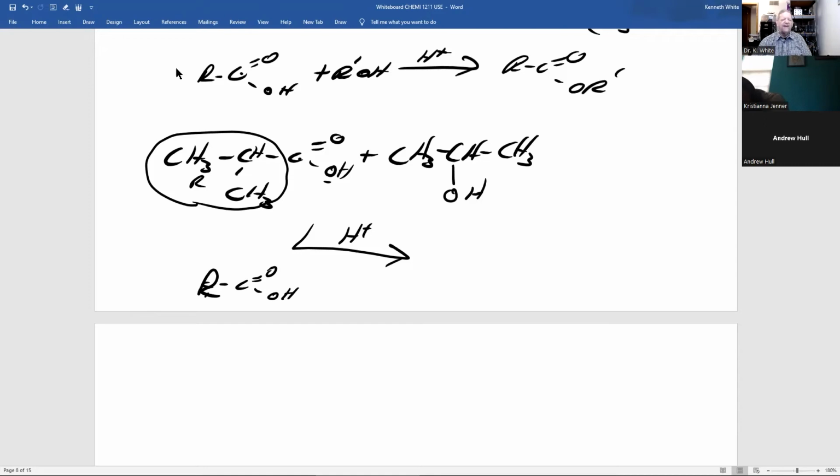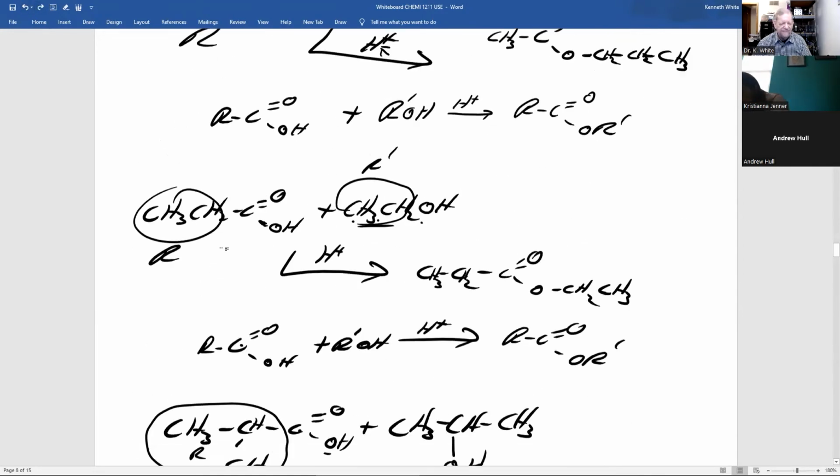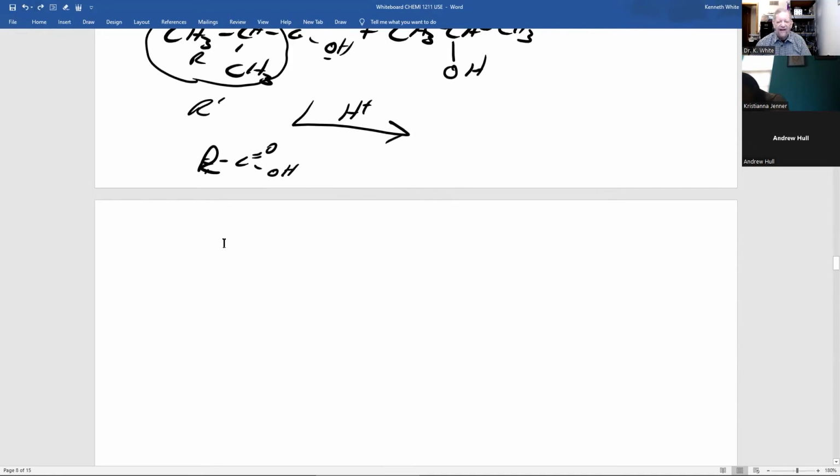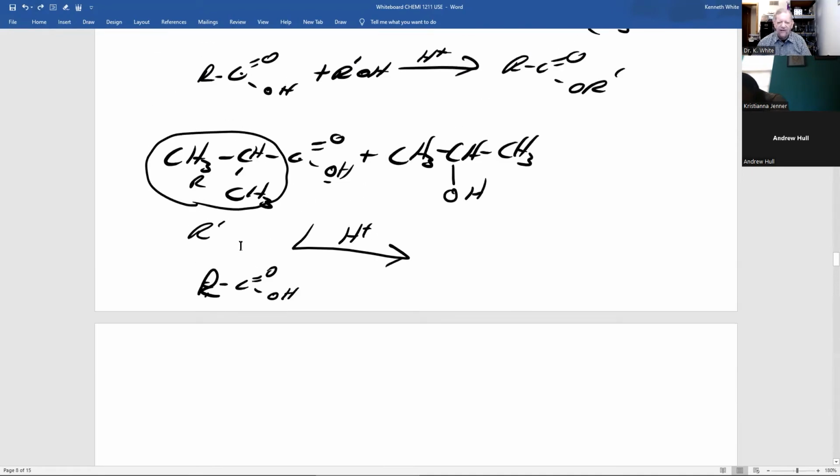I have a carboxylic acid, R. And then the second molecule, carbon, ooh, oxygen with a hydrogen, we have an alcohol. Acid catalyst, and this is Fischer esterification, and we get this ester.